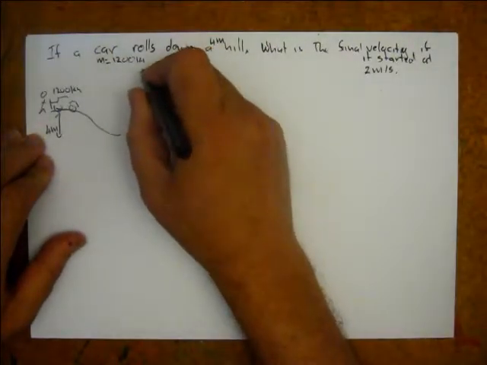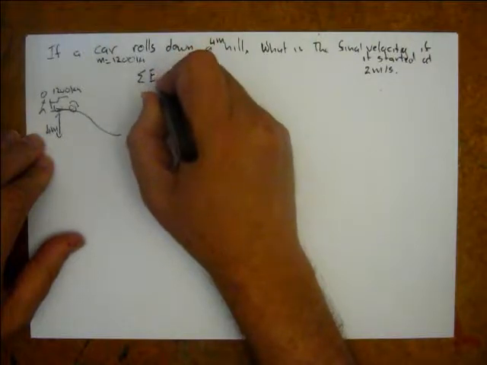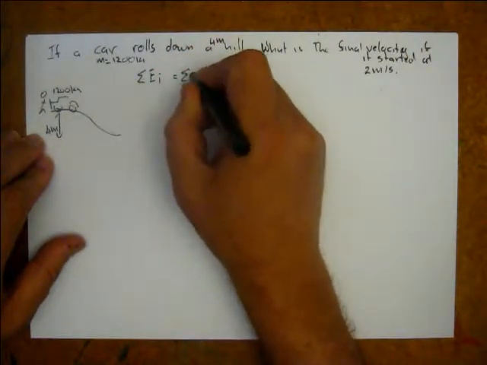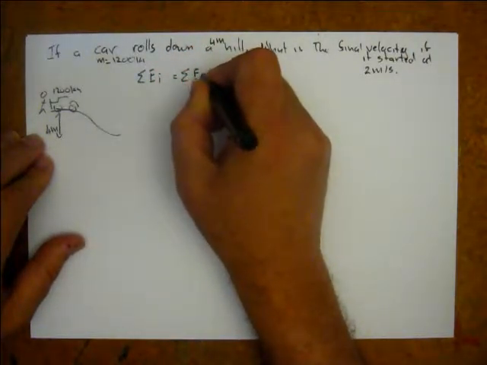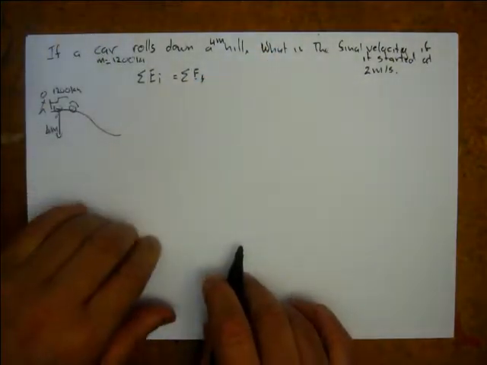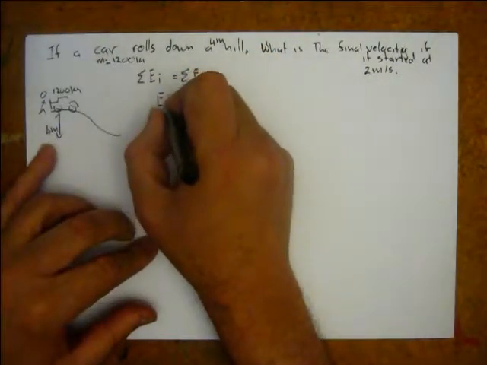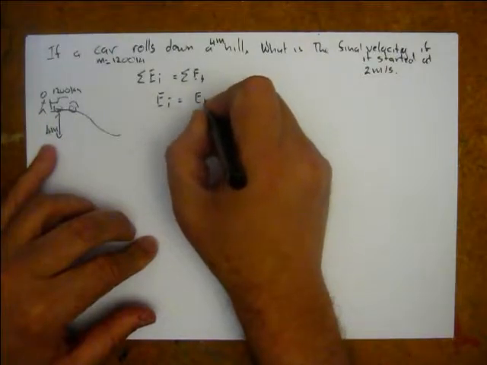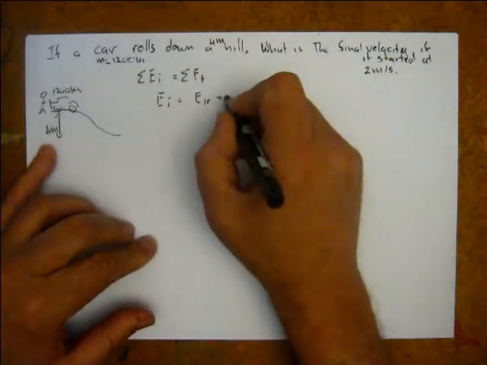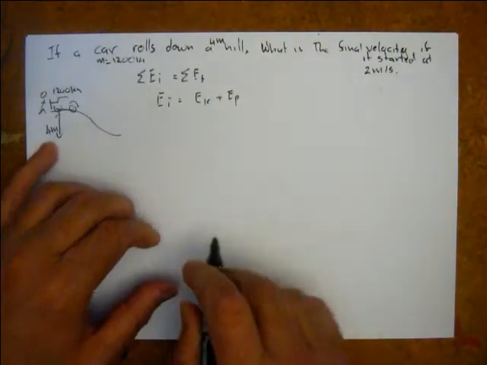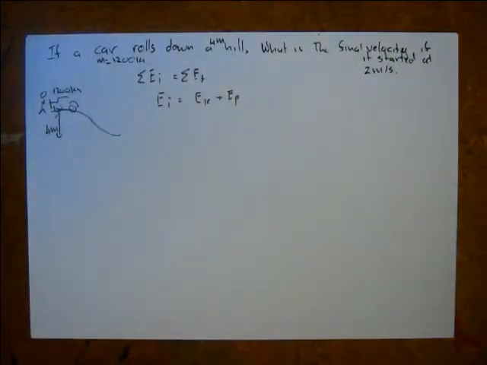Remember, conservation of energy says the total energy at the beginning equals the total energy at the end. So let's work out the initial energy. Energy initial is going to equal EK, because the car's rolling, plus EP, the potential energy at the top.